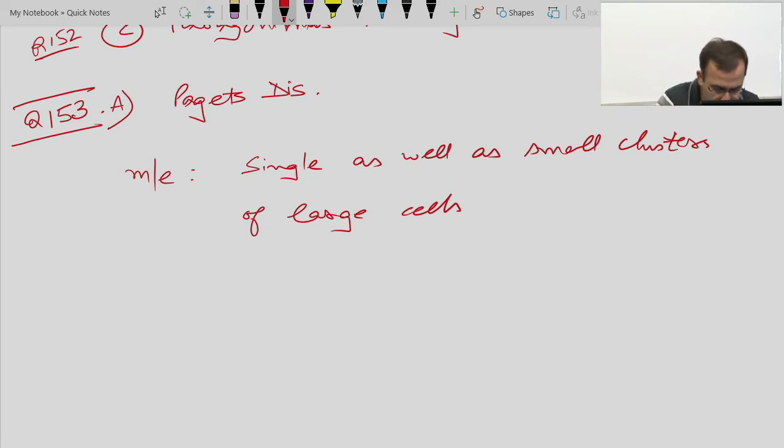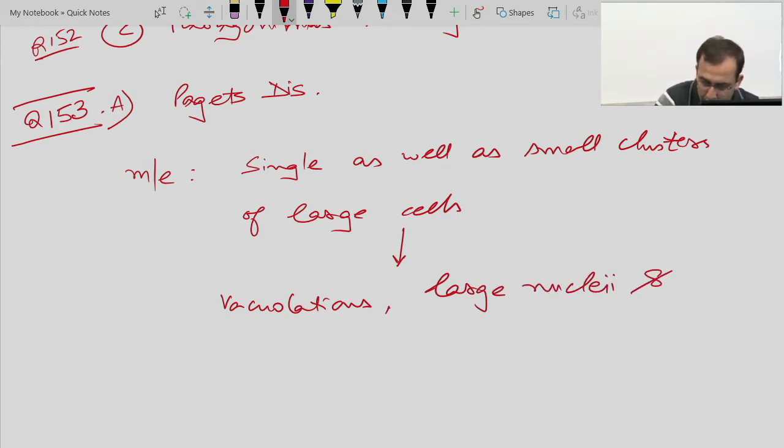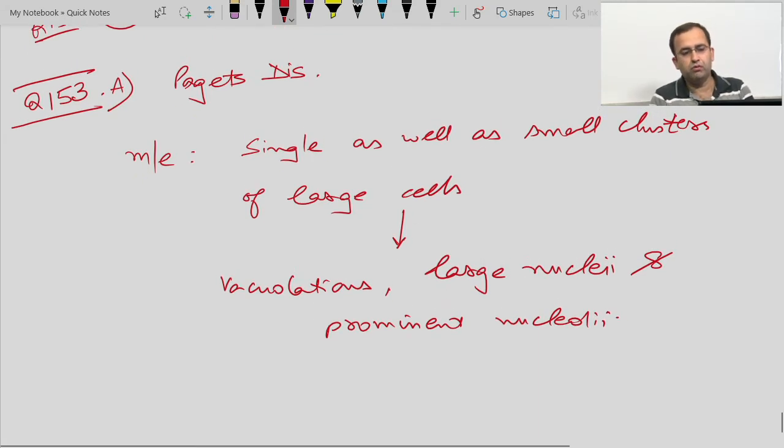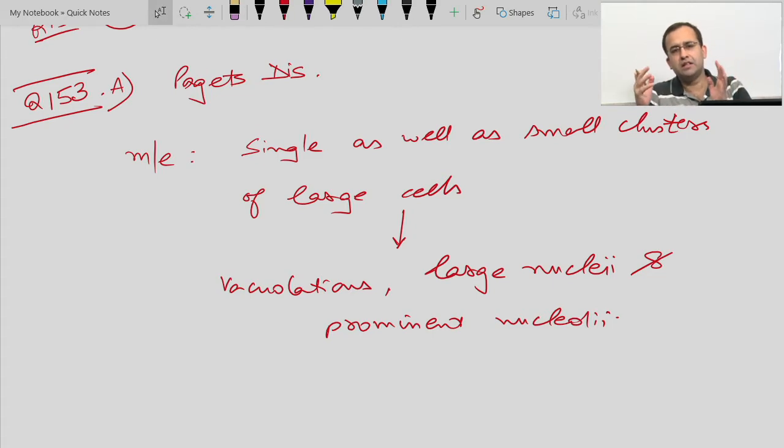The cells are large in size with presence of vacuolations, large nuclei and prominent nucleoli. This was what we were seeing in the image. Large cells, large nucleus, prominent nucleoli. They are the Paget cells. So diagnosis, Paget's disease.